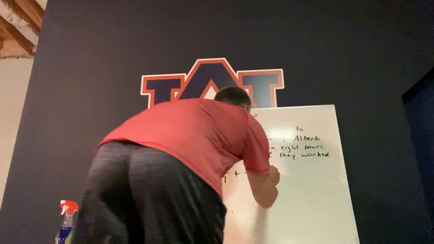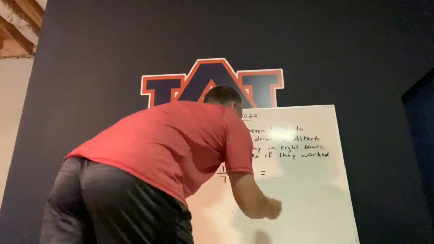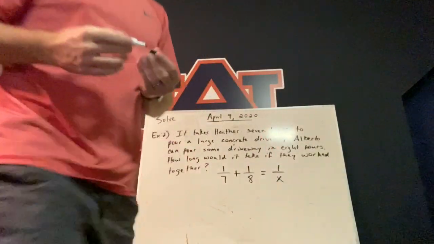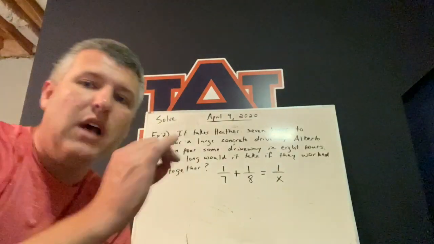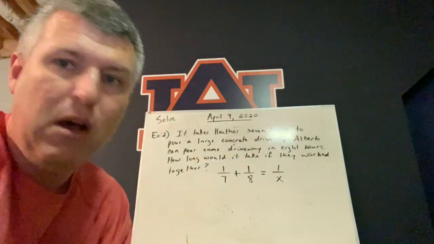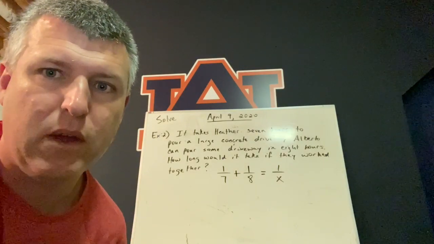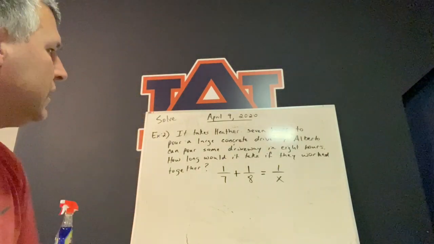Equals, together, we're going to say 1/x. So this is how we are always going to set these up. This is how both problems will be on your assignment today. You're just going to set them up like that.